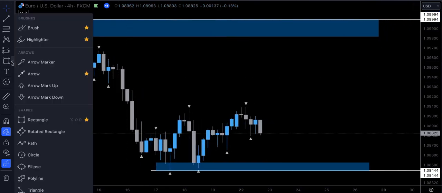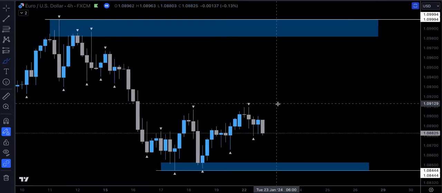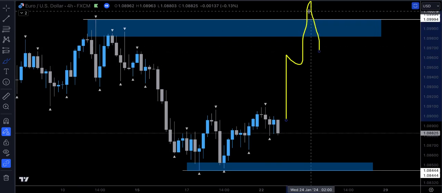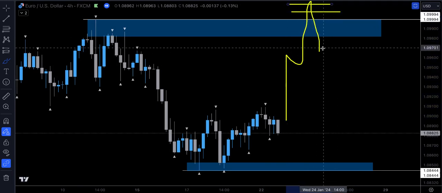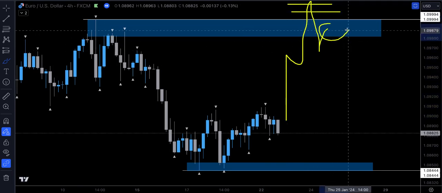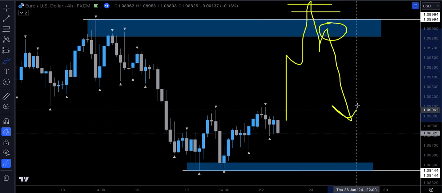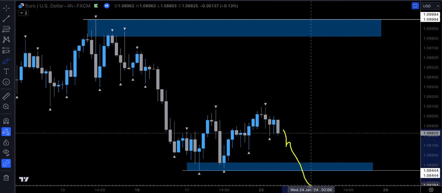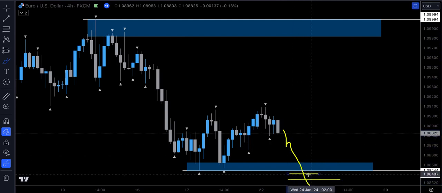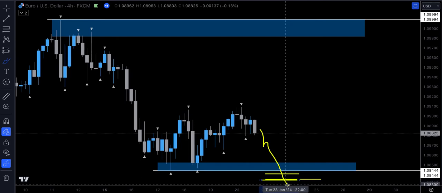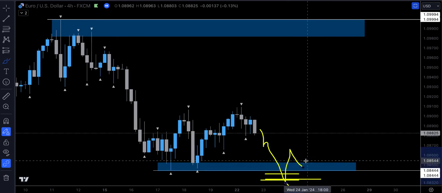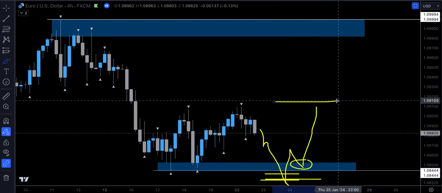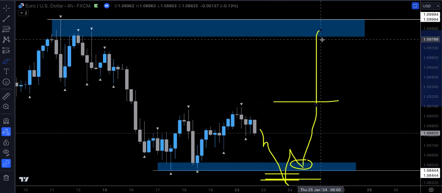So basically the orders, institutions are going to look to manipulate, either above this area here, trap retail going long, manipulate, retest, and then we can look to short that back to the downside. Or alternatively, what they will do is they'll run these stops to the downside, manipulate, run all of this liquidity below here. Once they've done that, they'll shift it back above, and you'll look for an entry schematic around here, and then you can look to target mid-range and back up to range highs.